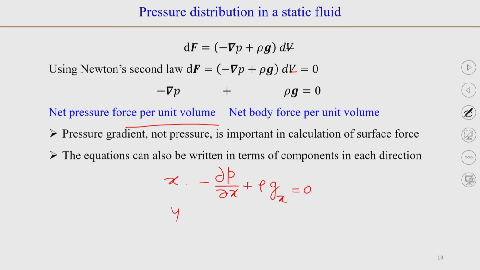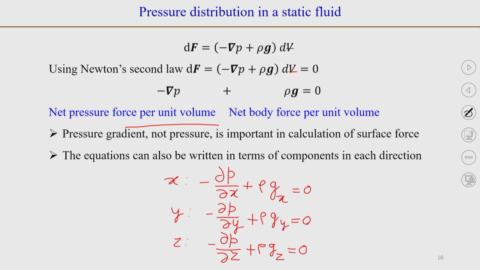Similarly, along the y direction, minus del p over del y plus rho g y is equal to 0, and along the z direction we will have minus del p over del z plus rho g z is equal to 0.